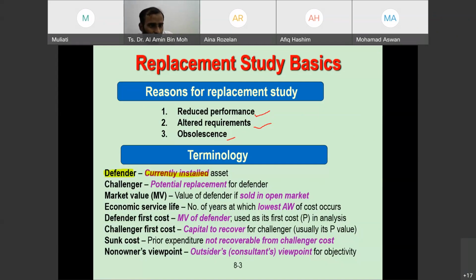And we have Challenger, meaning that when we are thinking of changing the currently installed asset, we are going to consider the new product. So we call that Challenger, the potential replacement for Defender. Basically, we are going to challenge the Defender to replace it. So we have Defender, we have Challenger, and next is market value.